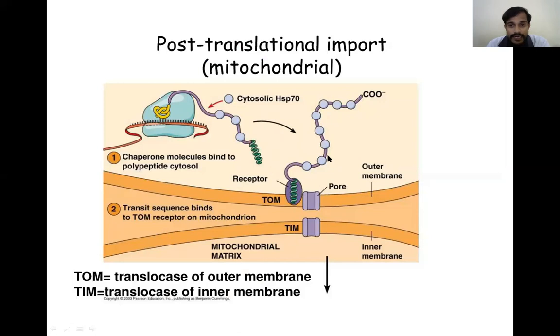After complete formation of the protein only, this protein is entering the mitochondria. So this is post-translational import, because after complete formation of the protein only, it is being translocated from the cytoplasm to the mitochondria through this membrane.